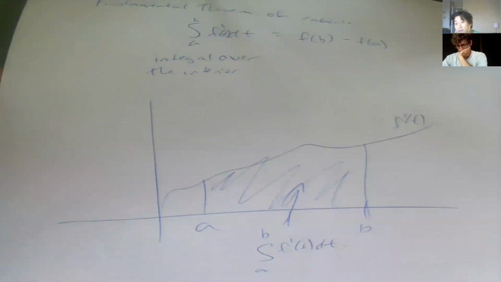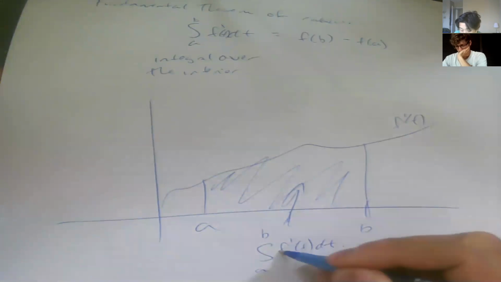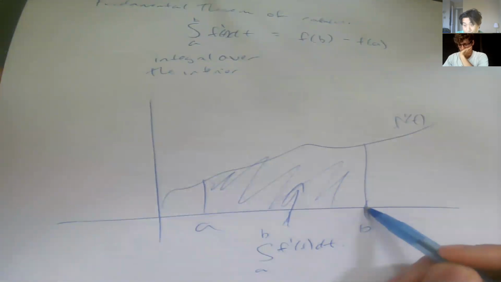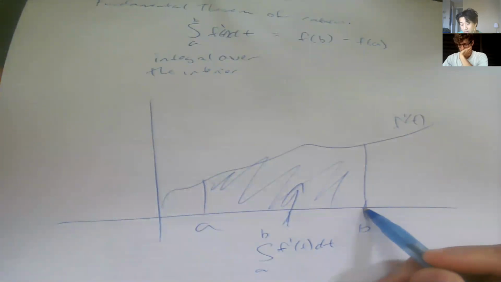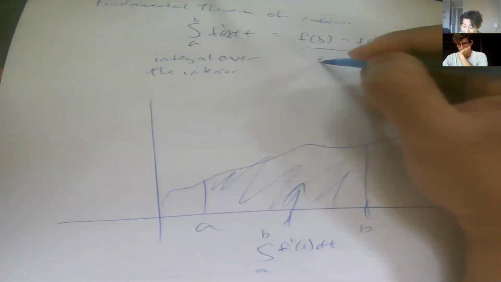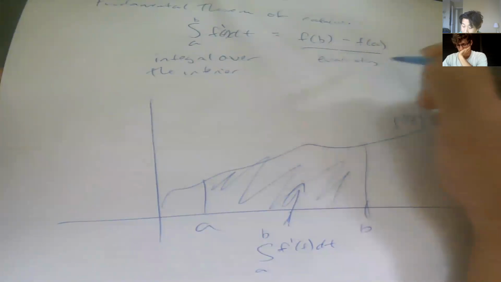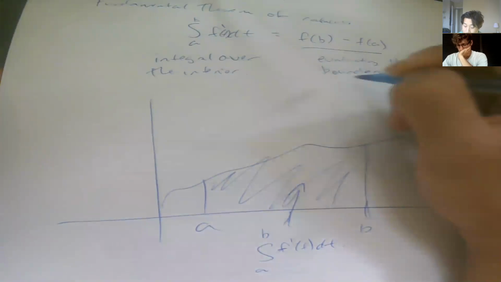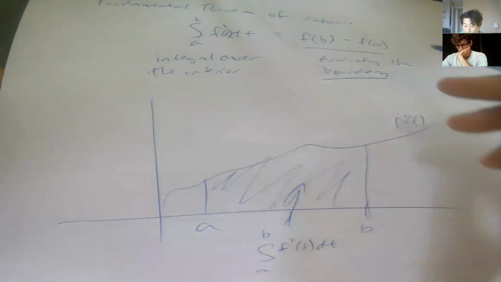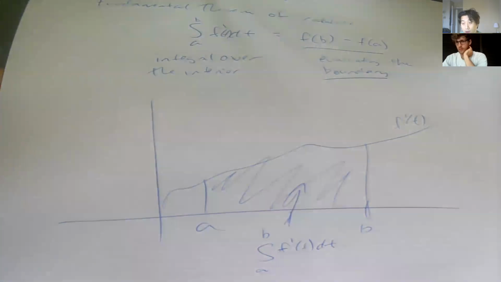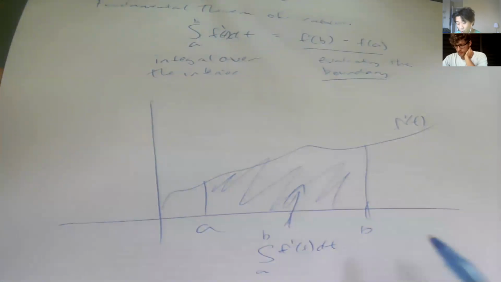It's the area of the shape. And so this integral describes the integral over some region, the interior of that region. Whereas this quantity here is evaluating the boundary. So we can relate this whole thing to a different function evaluated on the boundary.